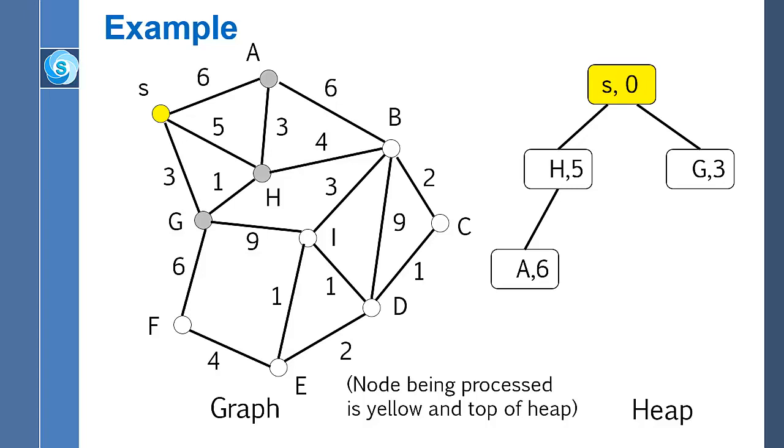A dot D becomes 6, and so it gets added to the heap with a priority 6. And of course, A dot pi is also S.